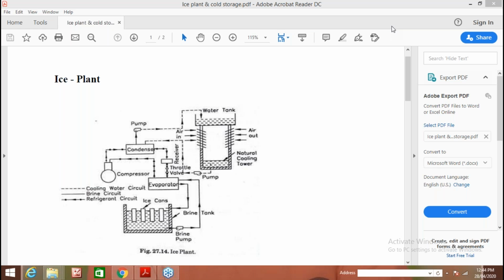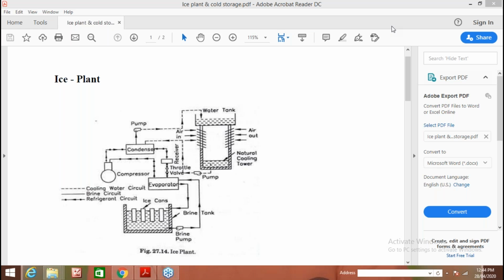Now after ice formation, these ice cans are put in water with a temperature of almost 23 degrees Celsius and the ice blocks are taken out of the ice can. If it is cold water, then there may be a chance of cracking of the ice blocks, and if the temperature is too low, it is difficult to take out this ice. Okay, so the temperature should be maintained whenever we want to take ice from the ice can.